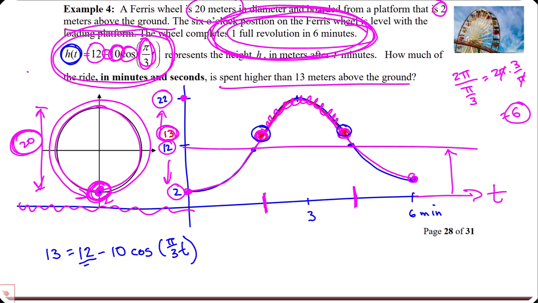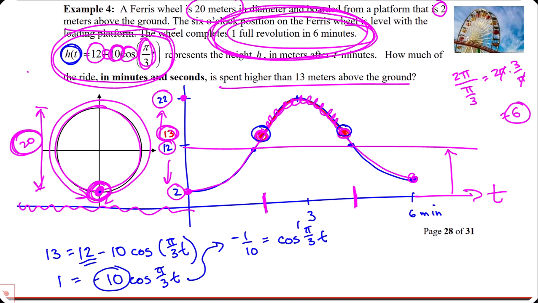If I subtract 12 from both sides, this will be 1. If I divide both sides by negative 10, I'll have negative 1/10 equals cosine of pi over 3 t.